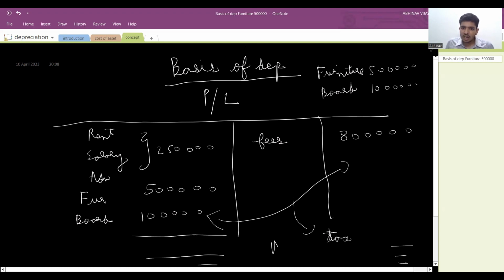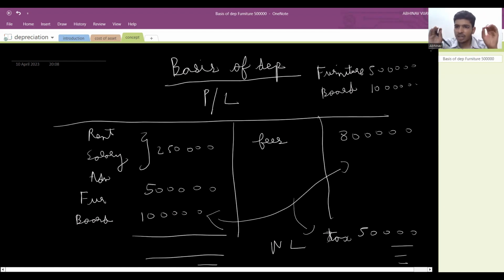I get a net loss of 50,000 rupees. Correct? And the rule is you don't need to pay tax during net loss. So if I purchase a fixed asset, it's best, right? Whenever I'm getting a lot of profit, I'll purchase a fixed asset. Then I'll reduce my profit and make it a loss and not pay tax. That's the best way to save tax.